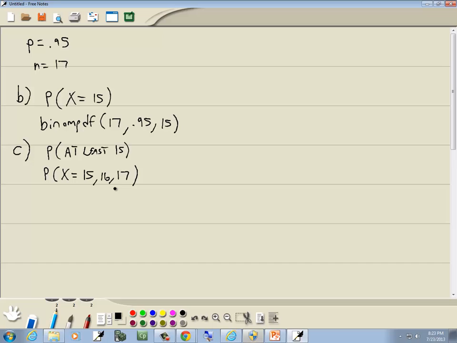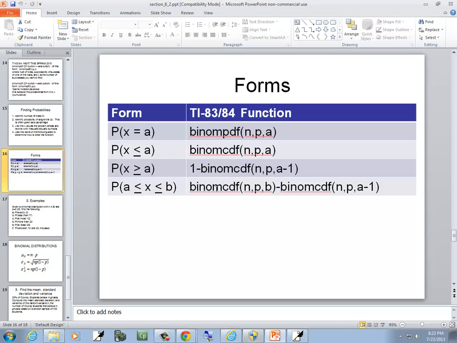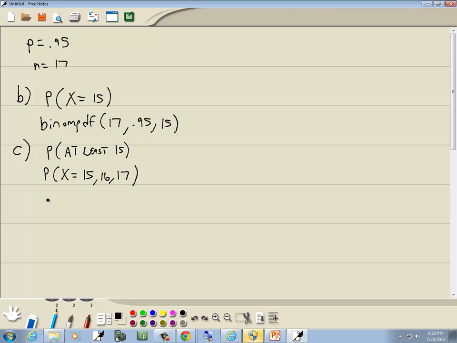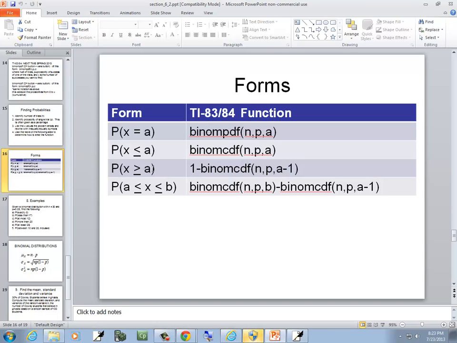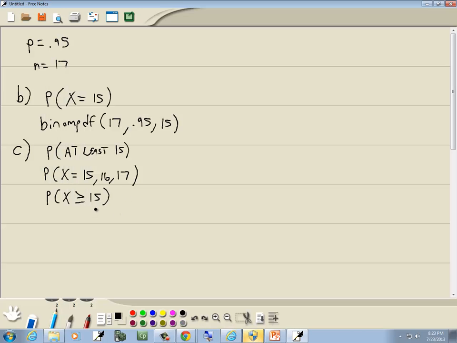So that's what they're giving us. Now we want to write it in one of these forms: x is equal to, x is less than or equal to, x is greater than or equal to, or x is between two values. Well, this one would be probability x is greater than or equal to 15. So to match our third form here, the A would be the 15.